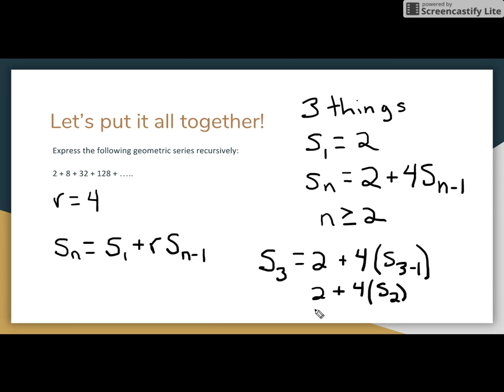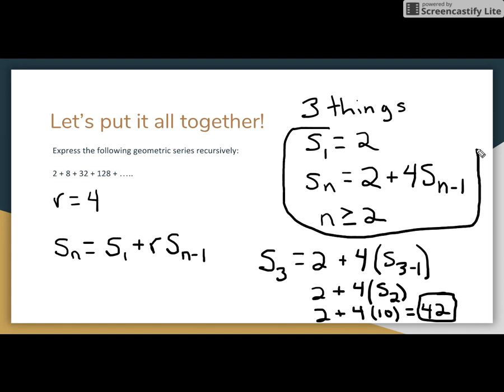So that gives us 2 plus 4 times 10. Order of operations tells us that 4 times 10 is 40, plus 2 gives us 42. So that is the sum of the first 3 terms. We can check that really quick: 32 plus 8 plus 2, sure enough, is 42. And here it is, our recursive definition. These are the 3 elements that you need to define a geometric series recursively.